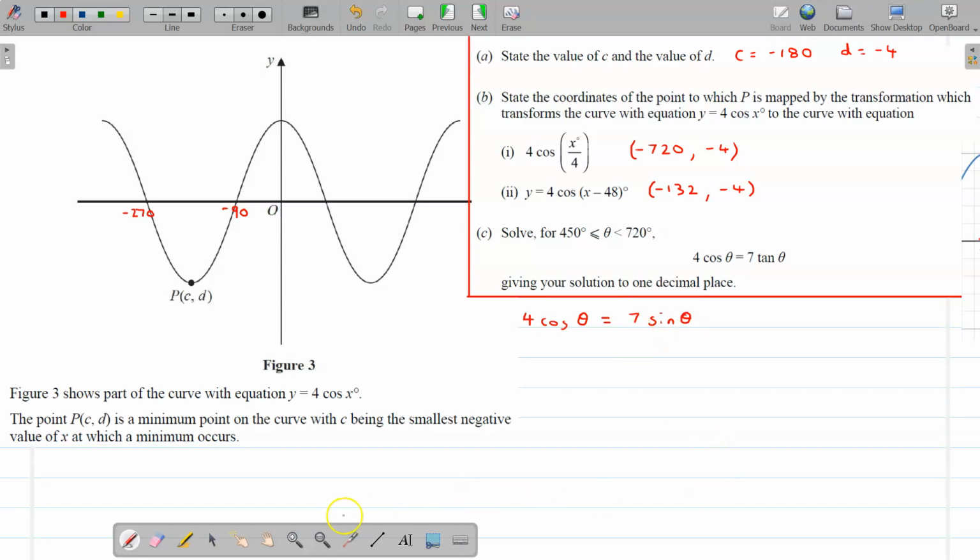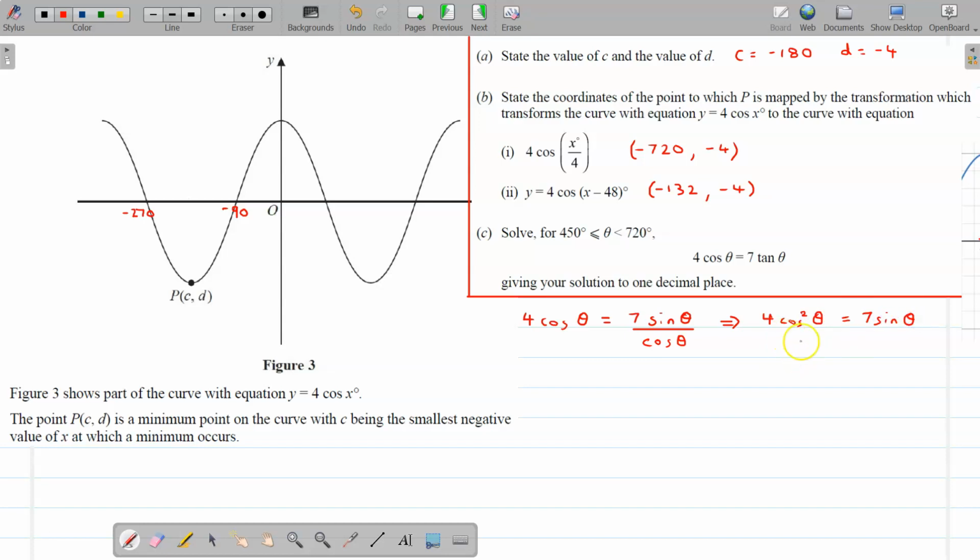You must use these trig identities because they help you convert in the way that we're doing now. If I multiply both sides by cos theta, I get 4 cos squared theta equals 7 sine theta.